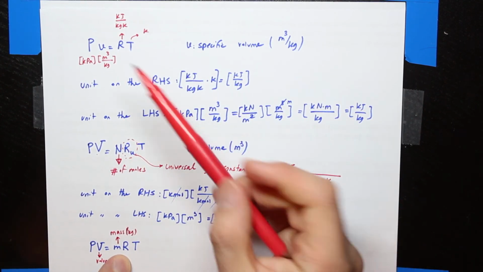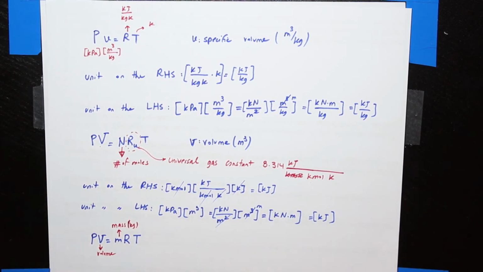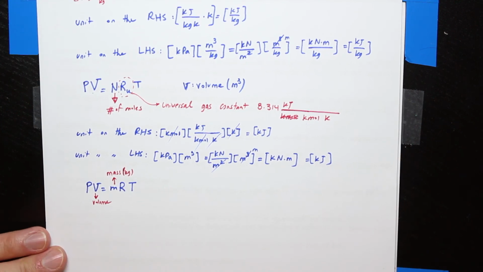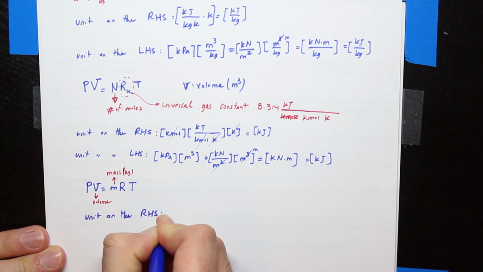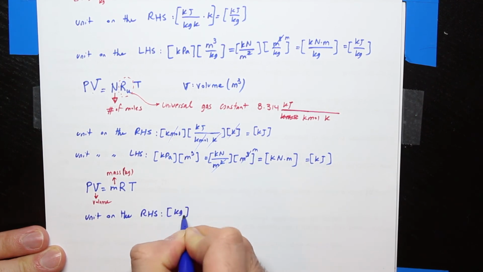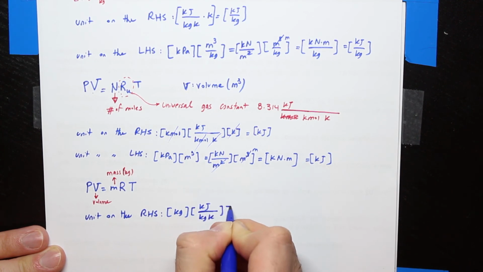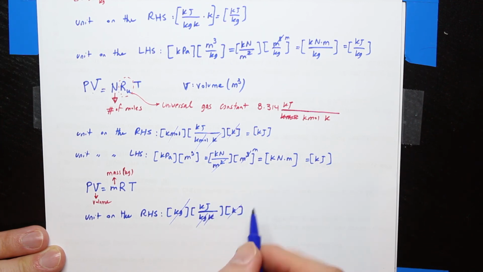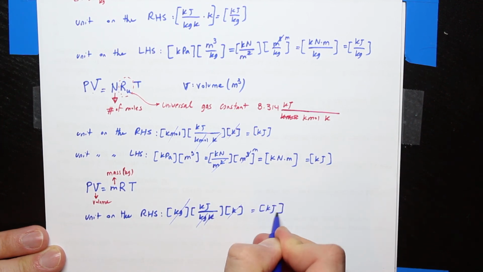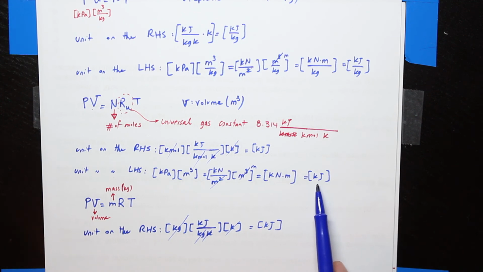That means unit wise on the right hand side becomes kilogram multiplied by kilojoule per kilogram Kelvin multiplied by Kelvin. So this kilogram cancels this one, this Kelvin cancels this one, and I end up with kilojoule. Right? And I know that the left hand side PV also has the unit of kilojoule.